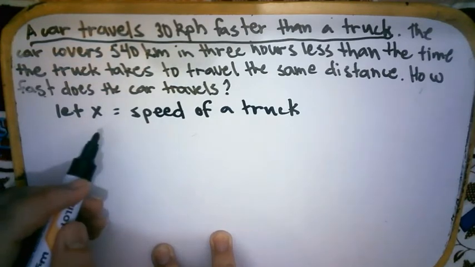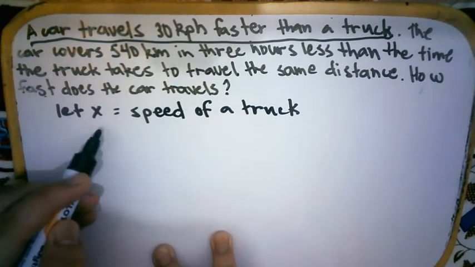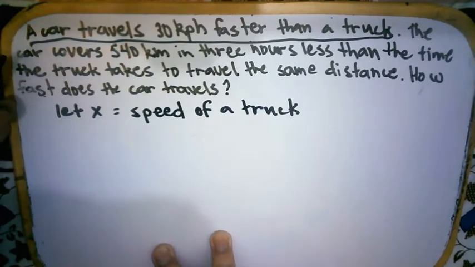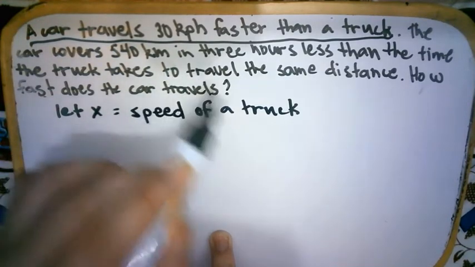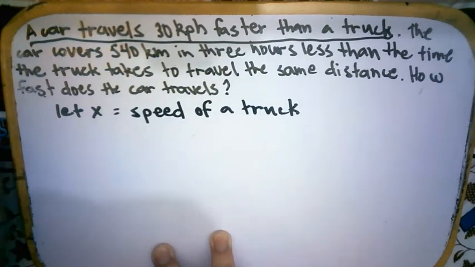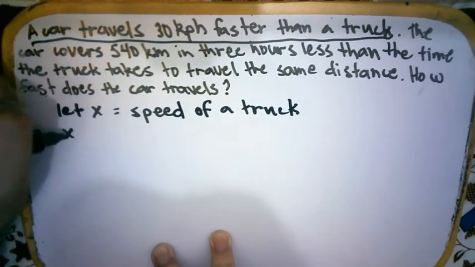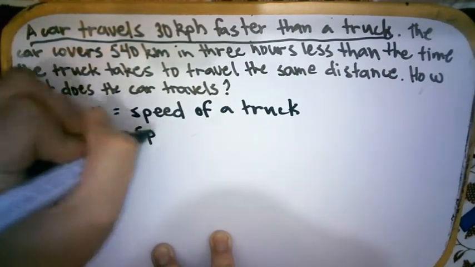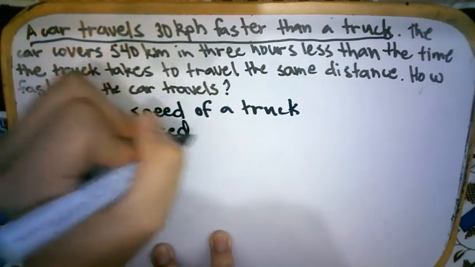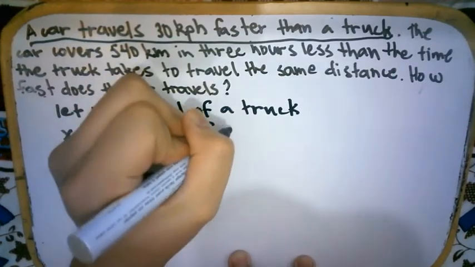And then, since ang speed ng truck ay x, at alam natin na ang car ay mas mabilis ng 30 kilometers per hour dun sa truck, so we can represent the speed of a car as x plus 30. So, speed of the car.